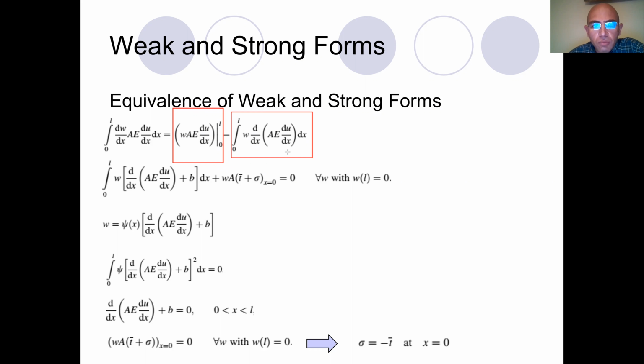Remember our strong form, or we can play with it in a different way. We can take this to the left hand side and we can take this term to the right hand side, and then it will form B. So it has to be equal to W multiplied by B plus the boundary terms, since W at L is equal to 0.